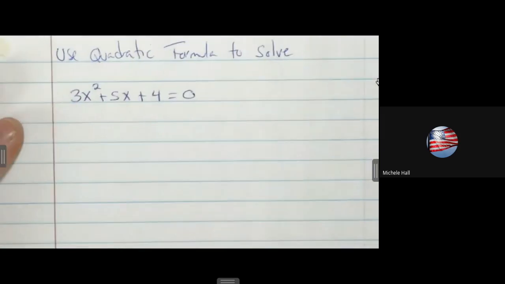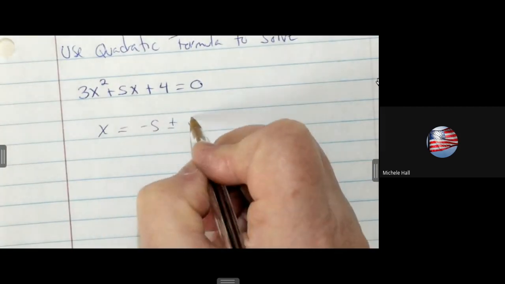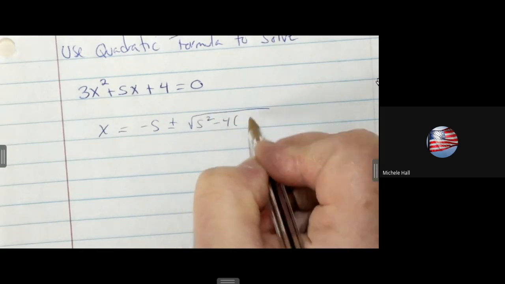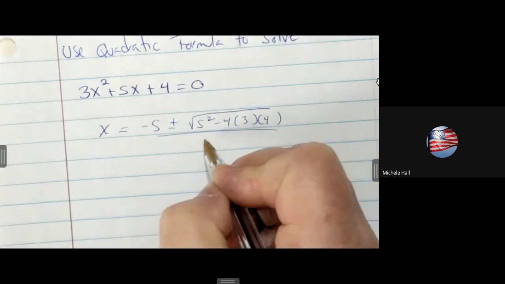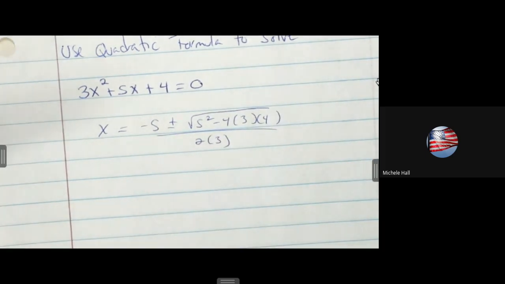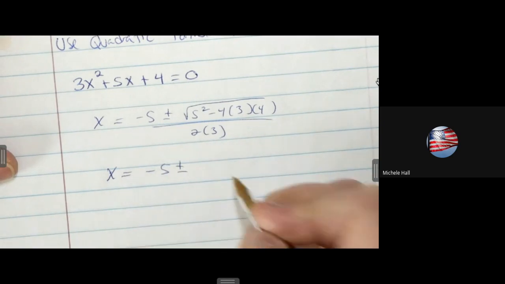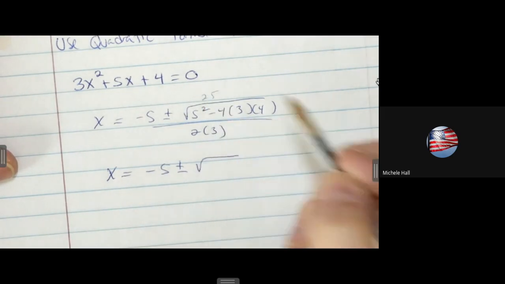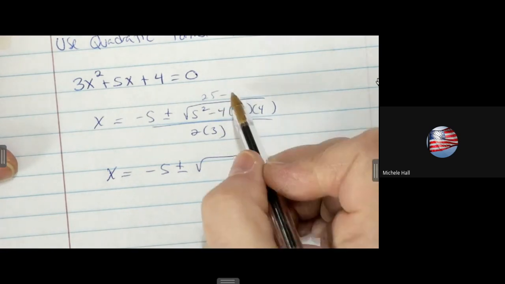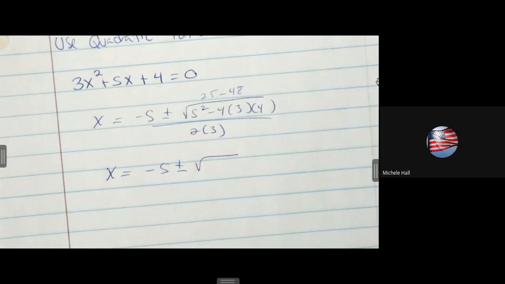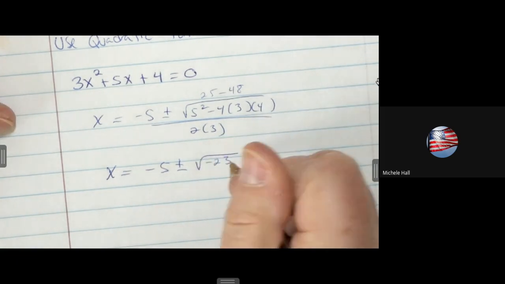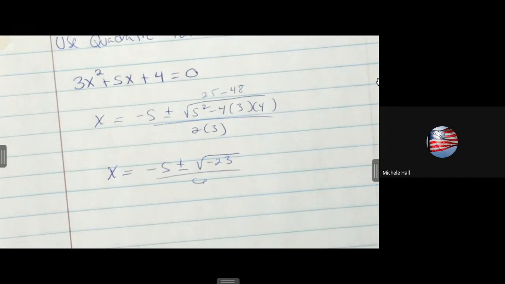Use the quadratic formula. So it just says use the quadratic formula to solve.